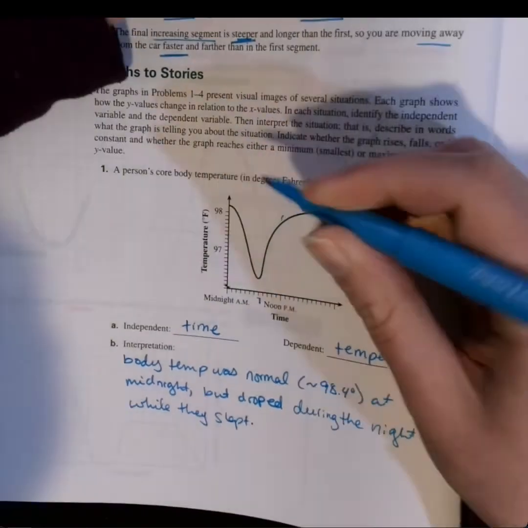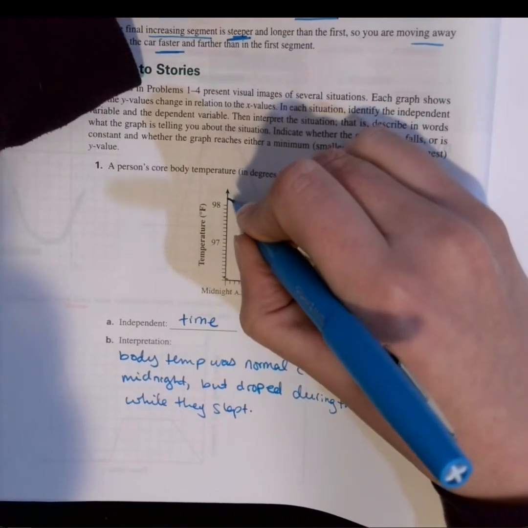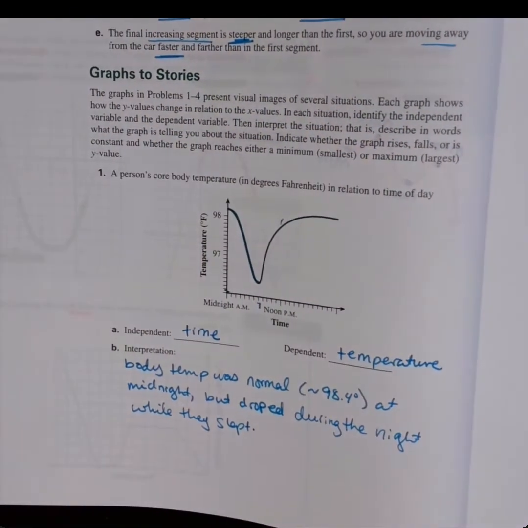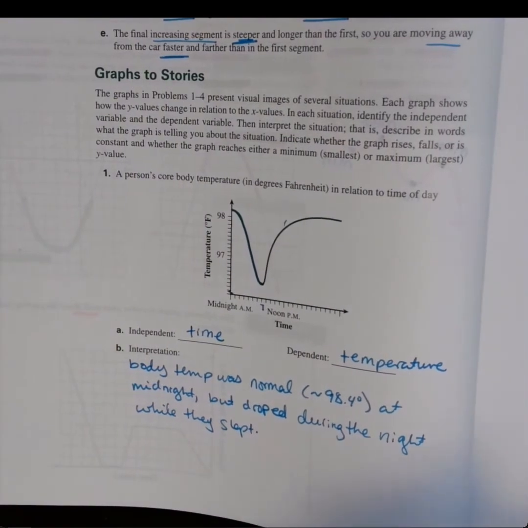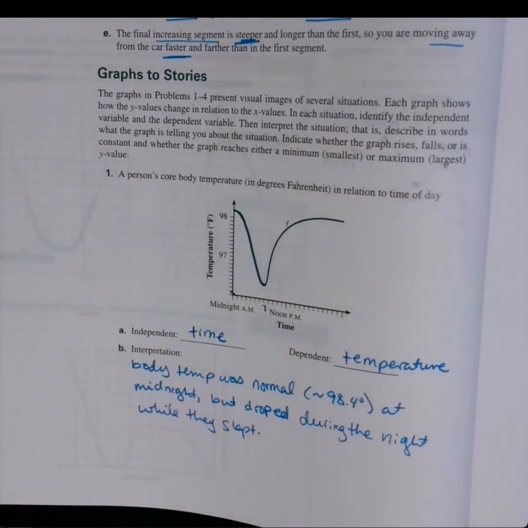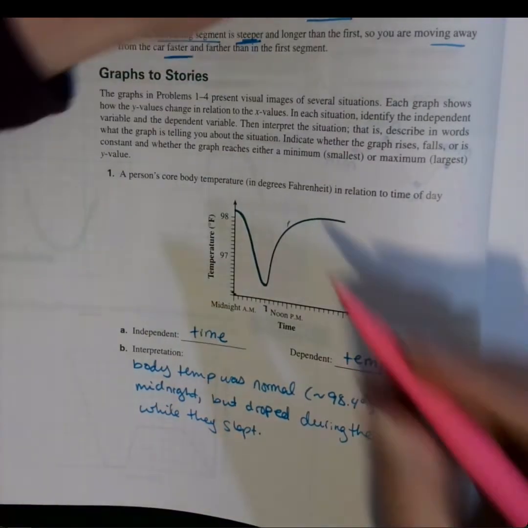Right, I'm going to color code my picture. The part that I've written about so far was about this part of it. So the next piece that we'll write about is about this next portion here.